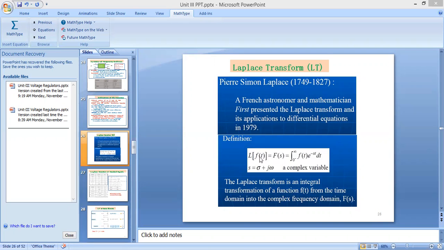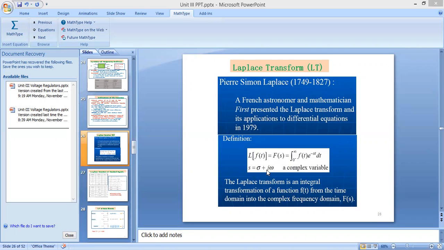t is what we take for time, and F(s) is a function of s. We call it a complex function because s has the value sigma plus j omega, and j is the complex value. That's why we take it as a complex variable.